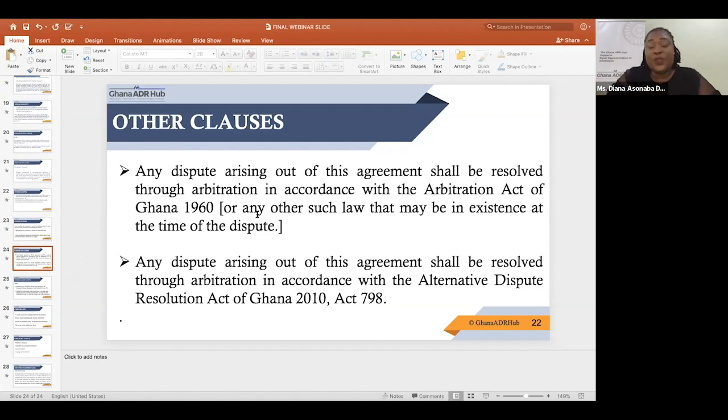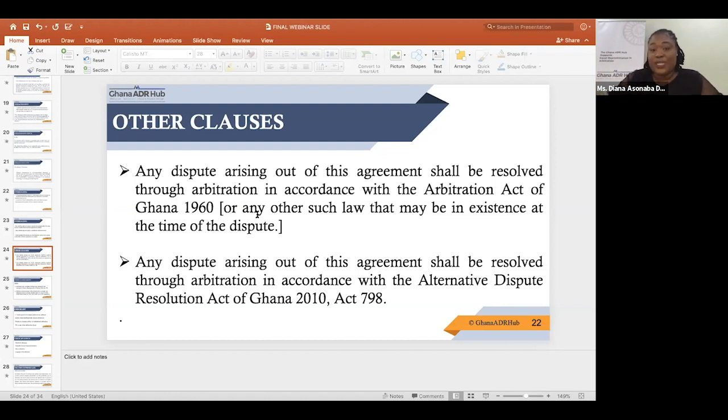Now, I am looking at other clauses which I've come across in the course of my teaching and practice. I see most agreements now stating, for instance, any dispute arising out of this agreement shall be resolved through arbitration in accordance with Arbitration Act 1960. And then sometimes the clause will add "or any other such law that may be in existence at the time of the dispute."